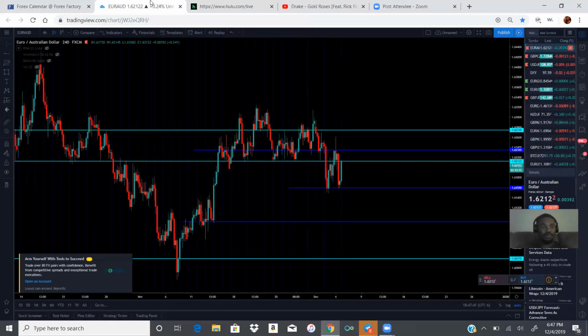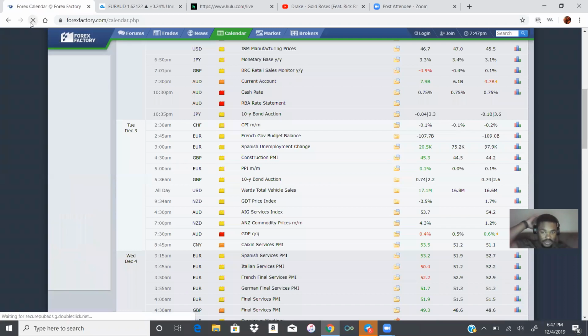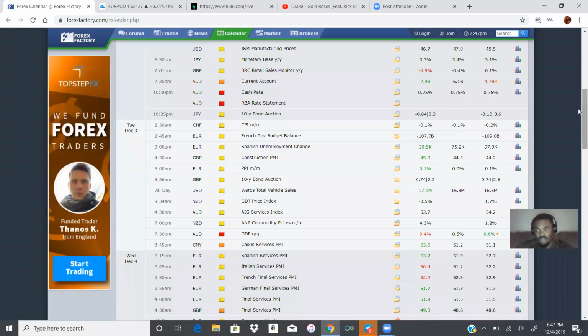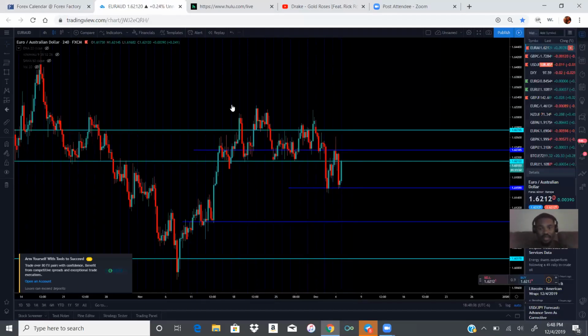This is why you have this strong bullish candle here, if I'm not mistaken. We had news a second ago from the Australian dollar right here. So you had a good push here.